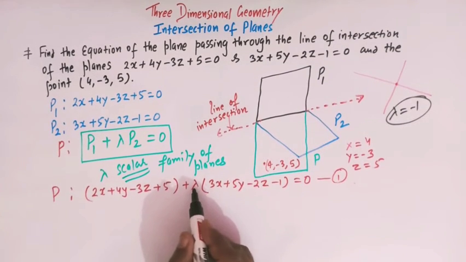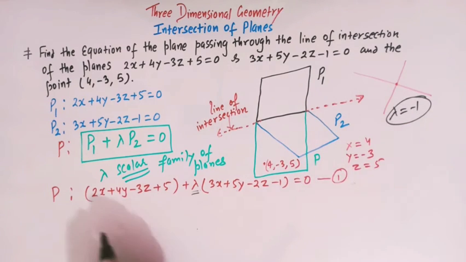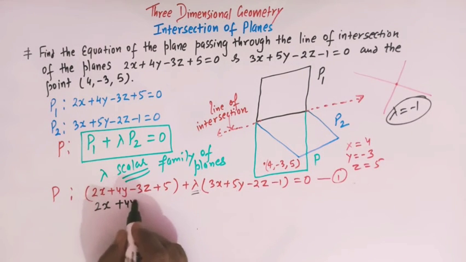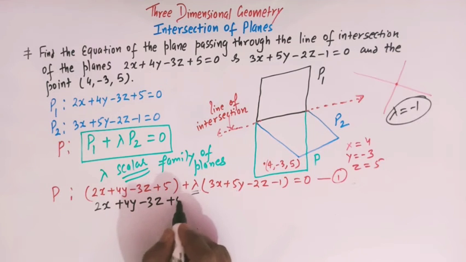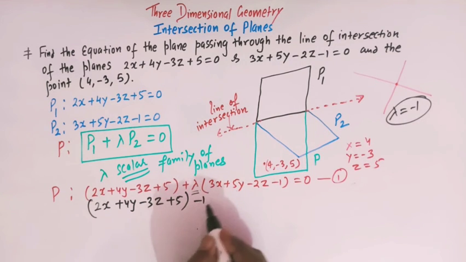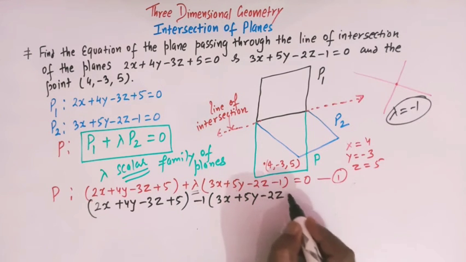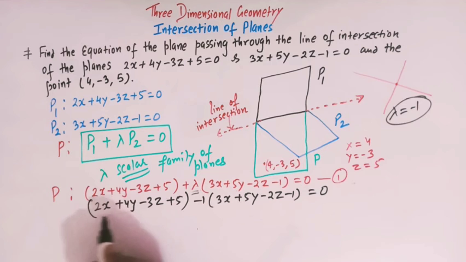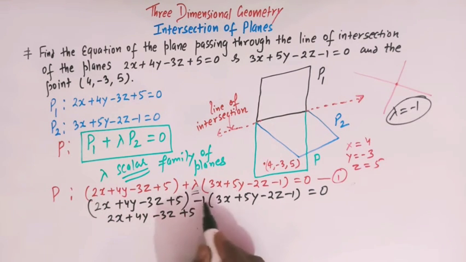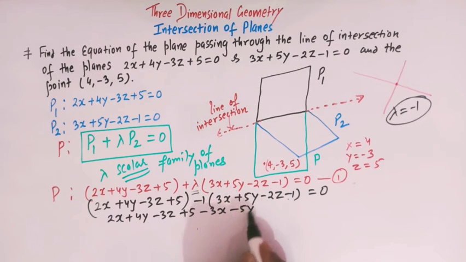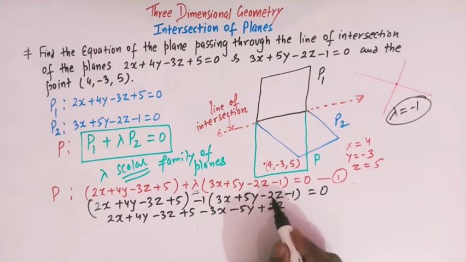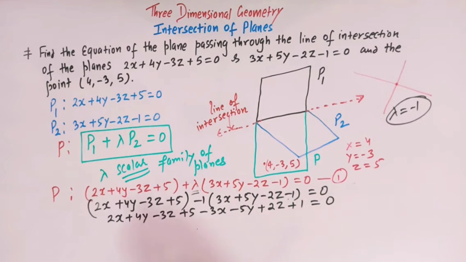So viewers, here if we take lambda is equal to minus 1, we have 2x plus 4y minus 3z plus 5, and here we have minus 1 times 3x plus 5y minus 2z minus 1 is equal to 0. So this is 2x plus 4y minus 3z plus 5, and multiplying these 4 terms with negative 1, we have minus 3x minus 5y plus 2z, and here we have plus 1 is equal to 0.